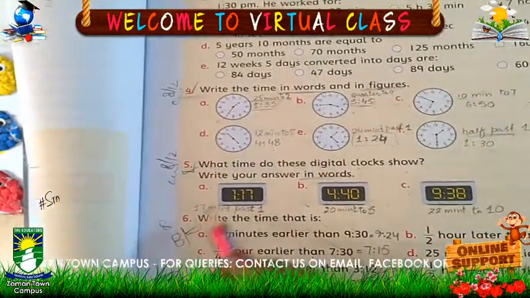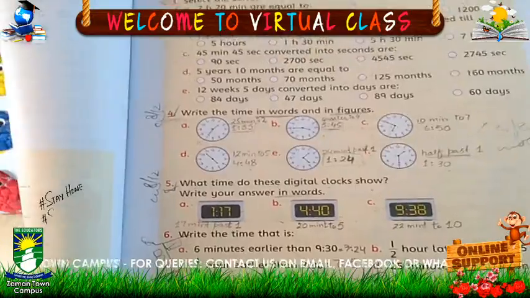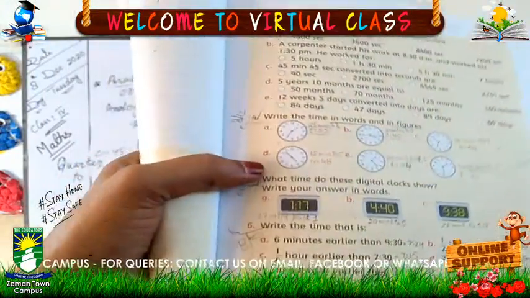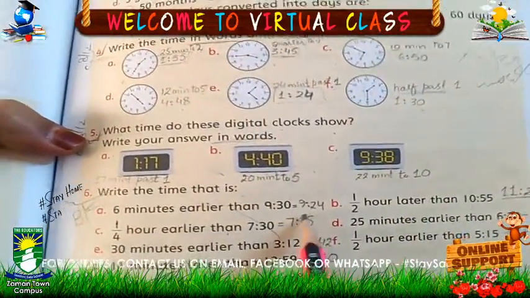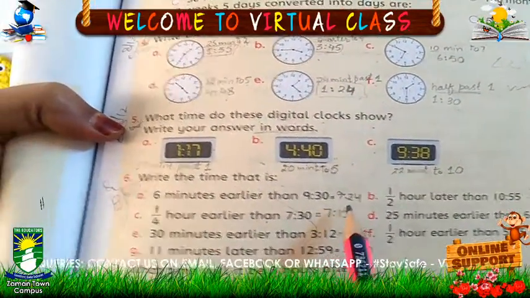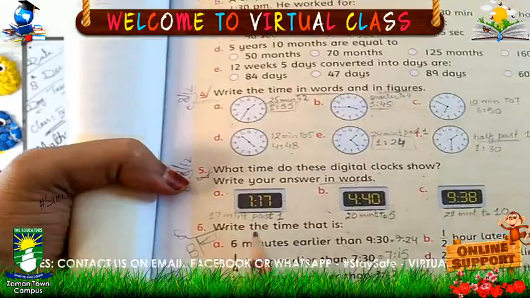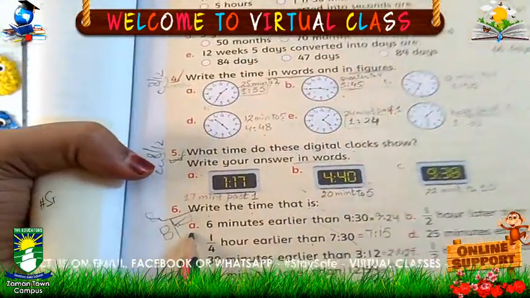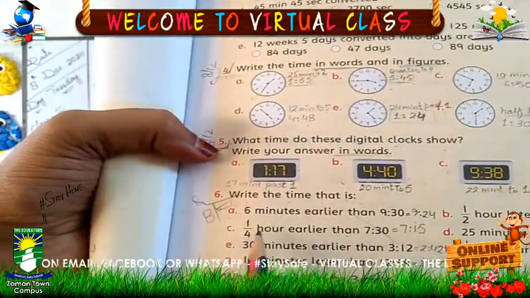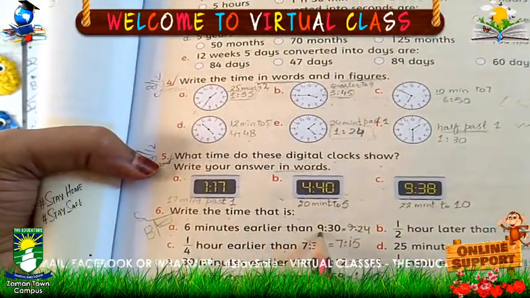Well, we have exercise number 6. In exercise number 6, we have some questions and you have to do them in your book. This is your book work. Write the time, that is number 1. Number A is 6 minutes earlier than 9:30.